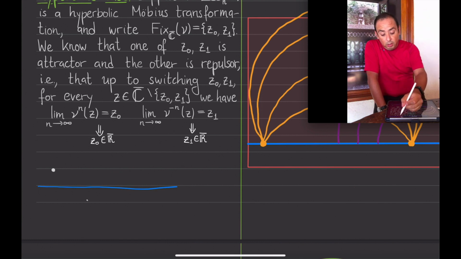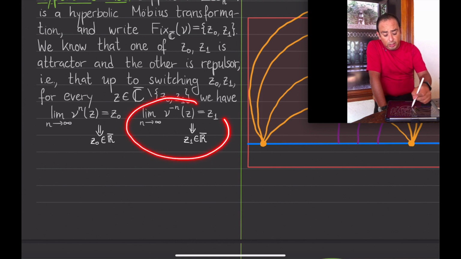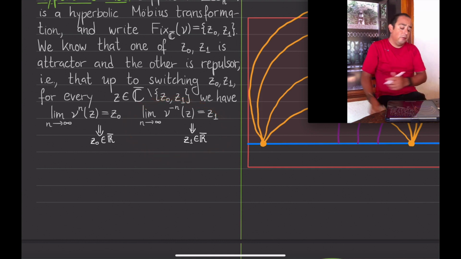So we see that Z0 has to be in R bar. And similarly, I leave you this as an exercise. It's pretty much the same argument that works.